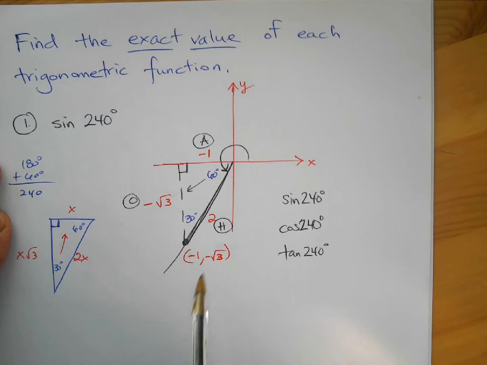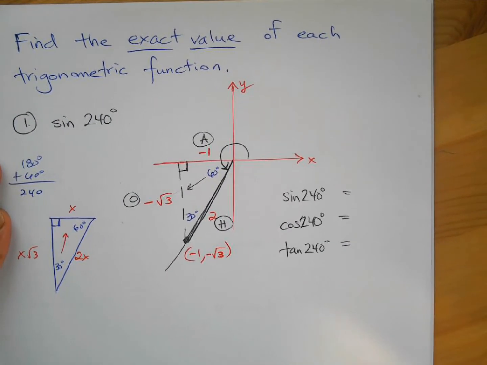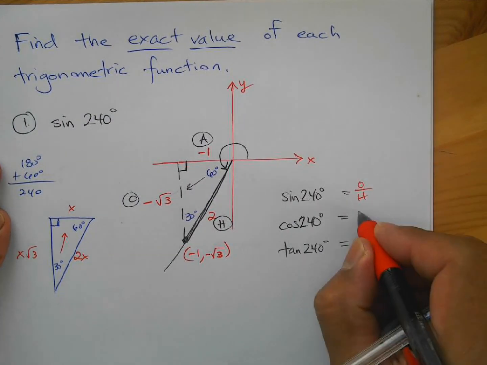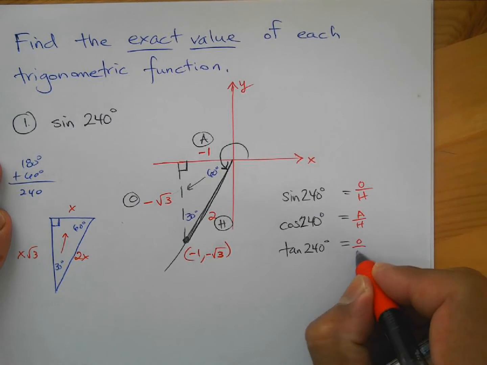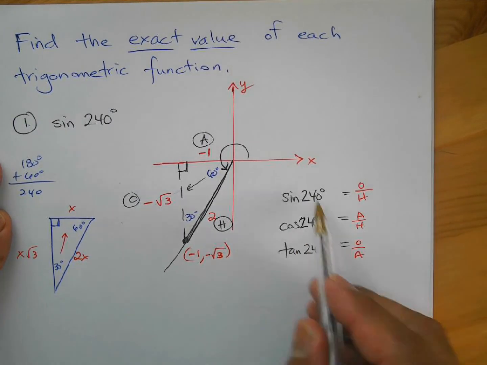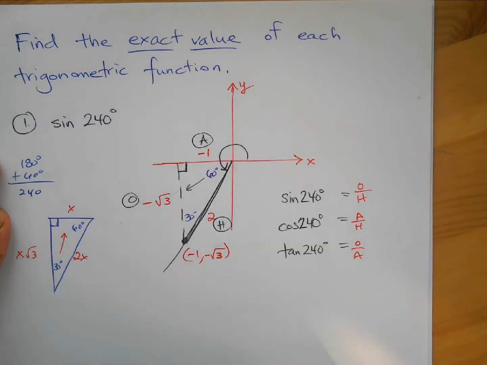And on the test, I am going to do that. I'm not going to ask you just for one. You're going to find all 6. Well, I know that here they're only asking me for sine, which is SOH, opposite over hypotenuse. I know that. And I know this is CAH, and I know this is TOA. But again, what's new is here, they're going to not only ask you for these easy first 3, they're going to ask you for some of the other new 3, but you have to get these 3 first.